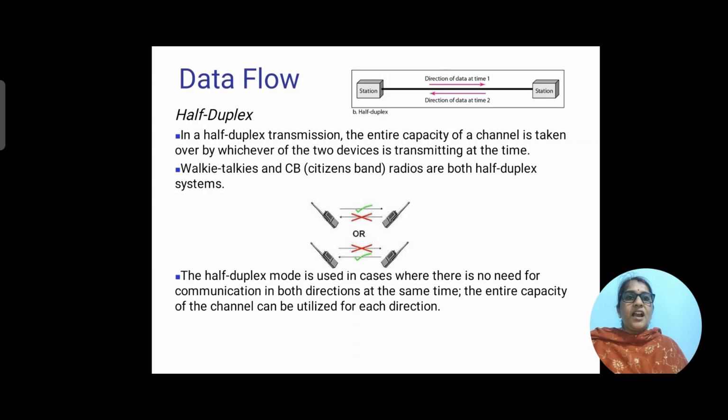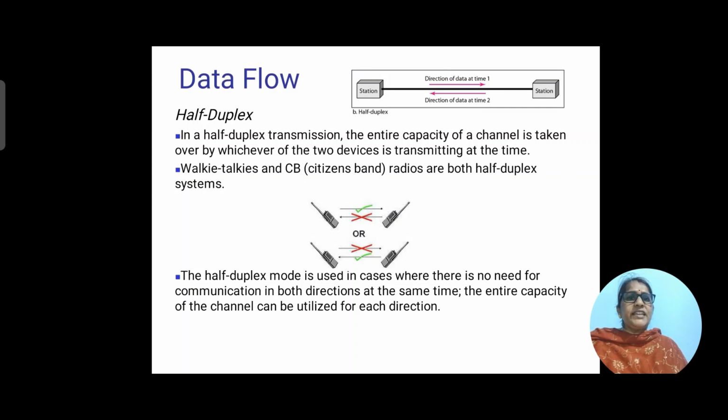In a half duplex transmission, the entire capacity of the channel is taken over by whichever of the two devices is transmitting at the time.